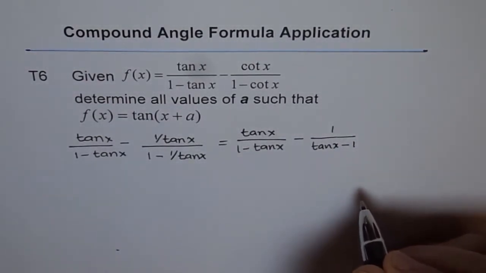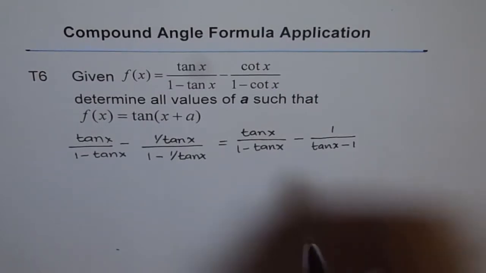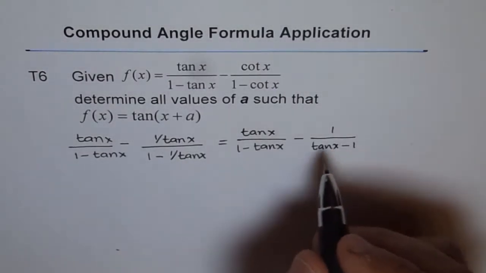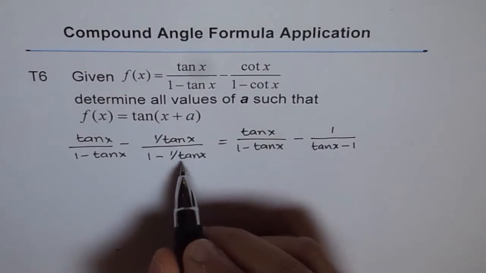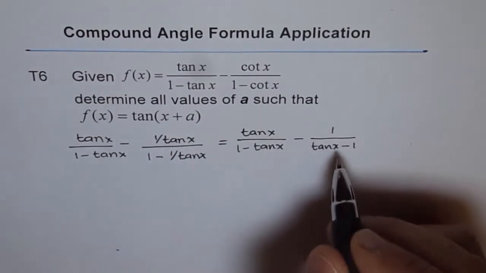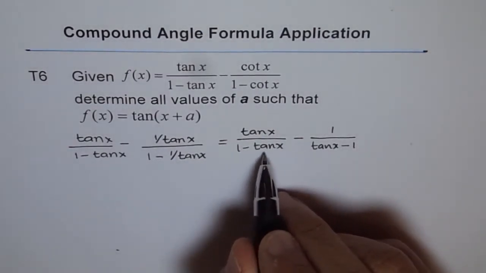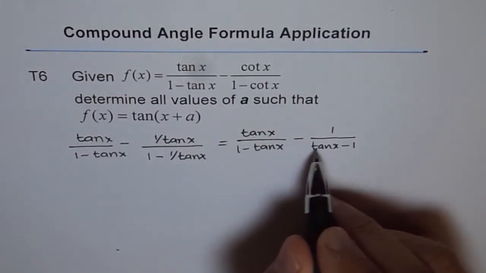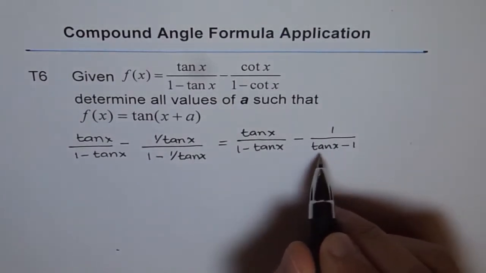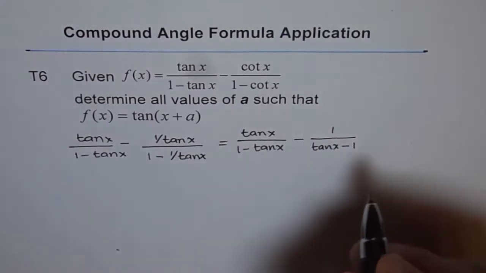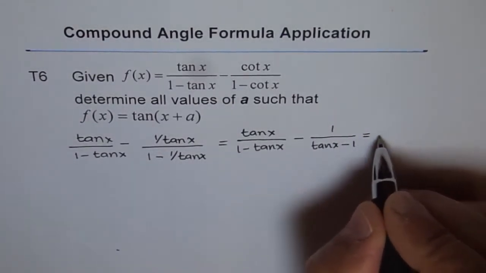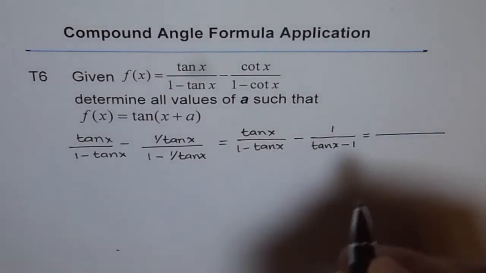Okay, now because the denominators are 1 minus tan x and tan x minus 1, let's rewrite this with a positive sign. I'll just interchange this, right? So I can write this by taking the common denominator 1 minus tan x.